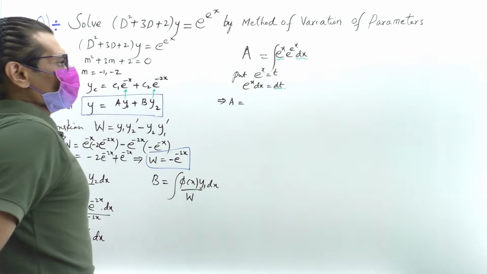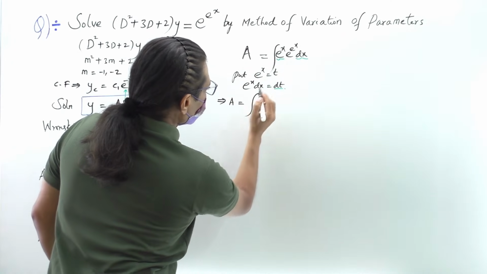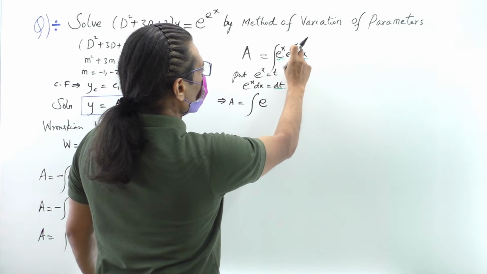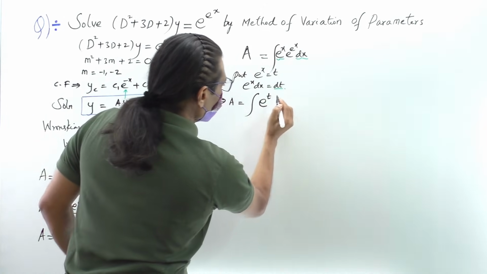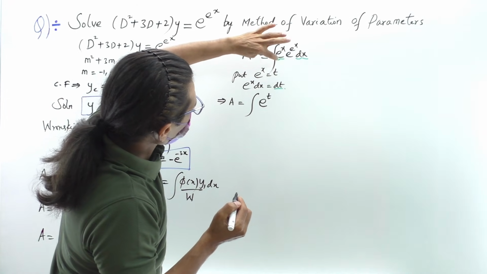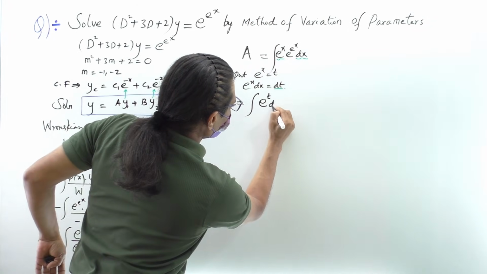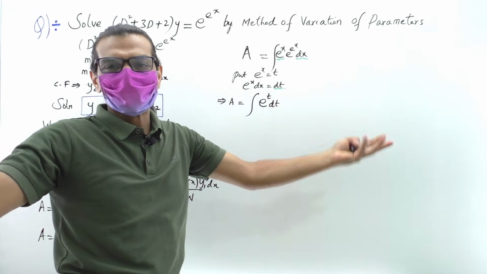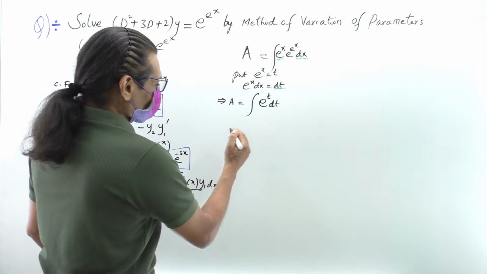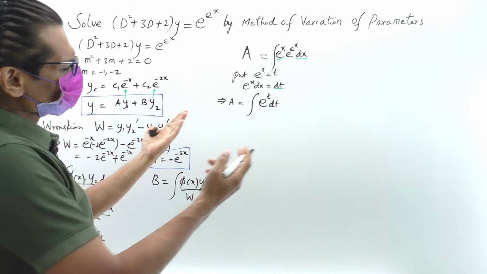Okay, so we have this as integration of, what is e raised to x? It is e raised to x is t. Correct? No, see, e raised to x I have taken t, and e raised to x into dx is dt. Everything is replaced. So simple. Easy, right? Therefore, see, nothing is complicated here. Integration is very easy here.